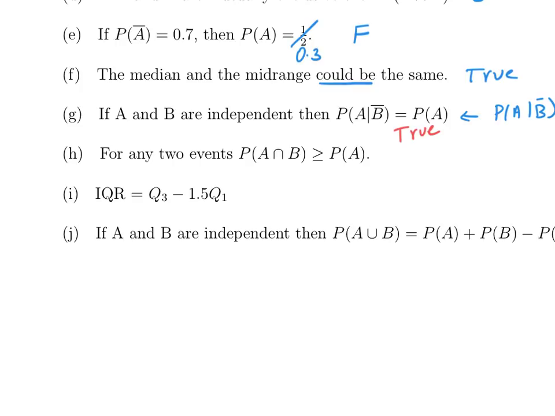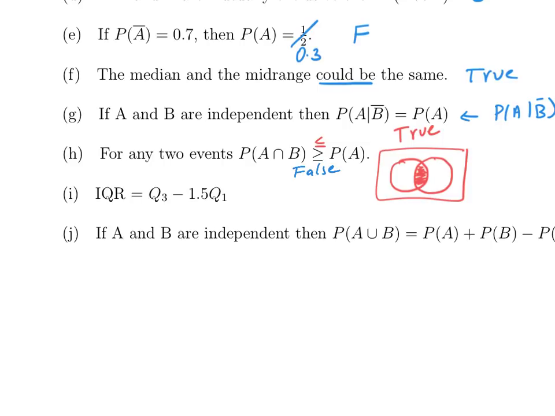If you do a Venn diagram, if you have A and B, this part here represents A and B, and you can see right away that this area is less than A. So A and B is always going to be less than A, or A and B is always going to be less than B. If the inequality was going the other way, like this, then it will be true. So in this case, the way it's written, this is false.